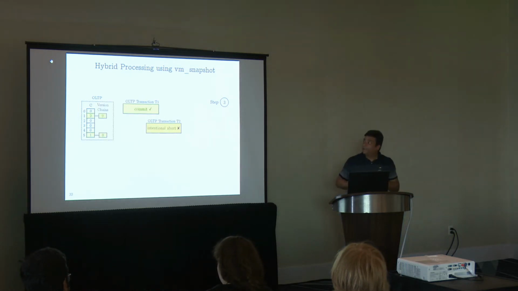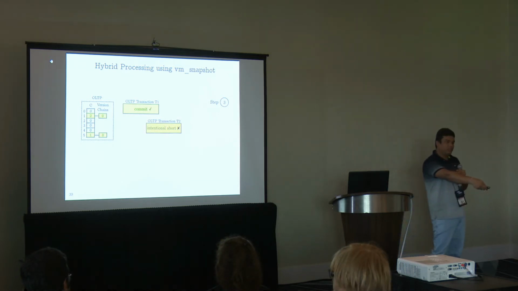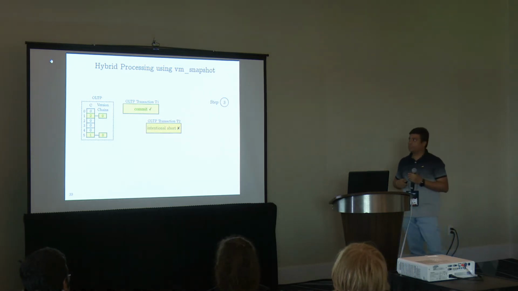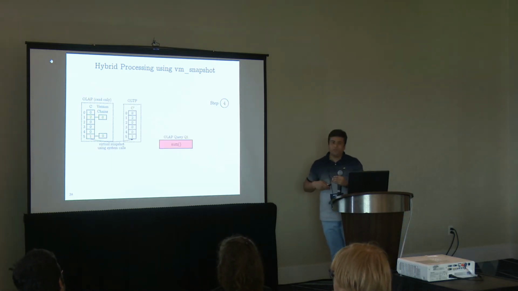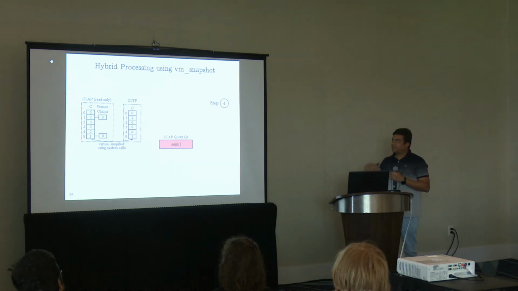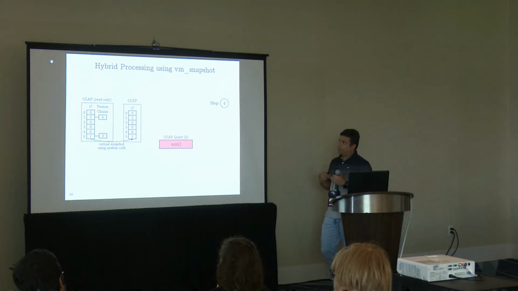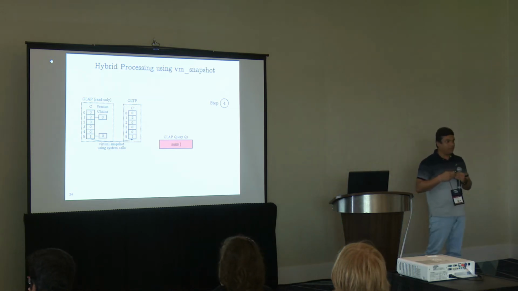When it commits, these changes are applied to the actual version. And what happens when you have an OLAP query? When you want to run an OLAP query, you can snapshot that particular column which the query wants to run on.